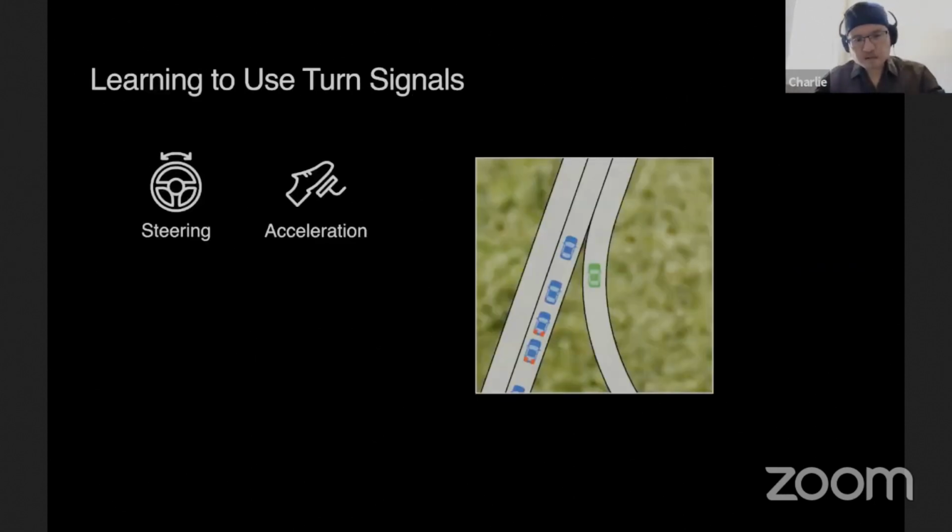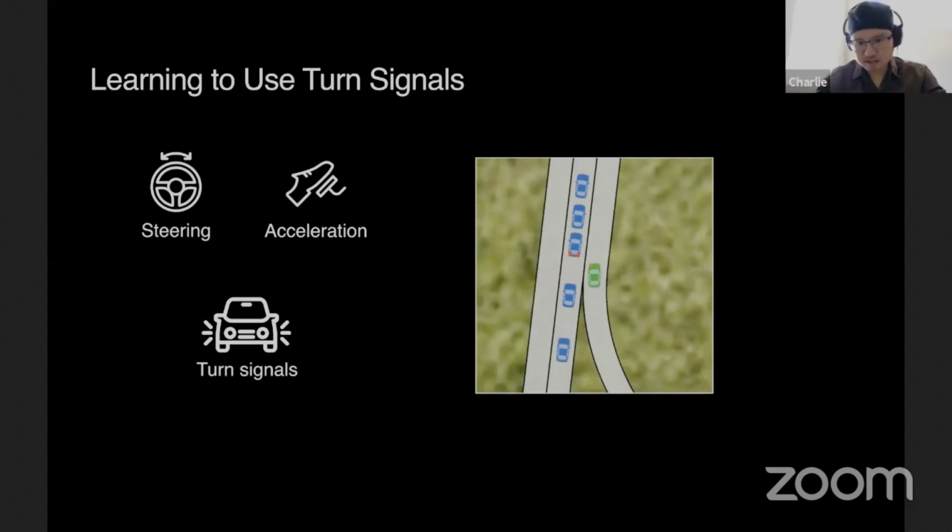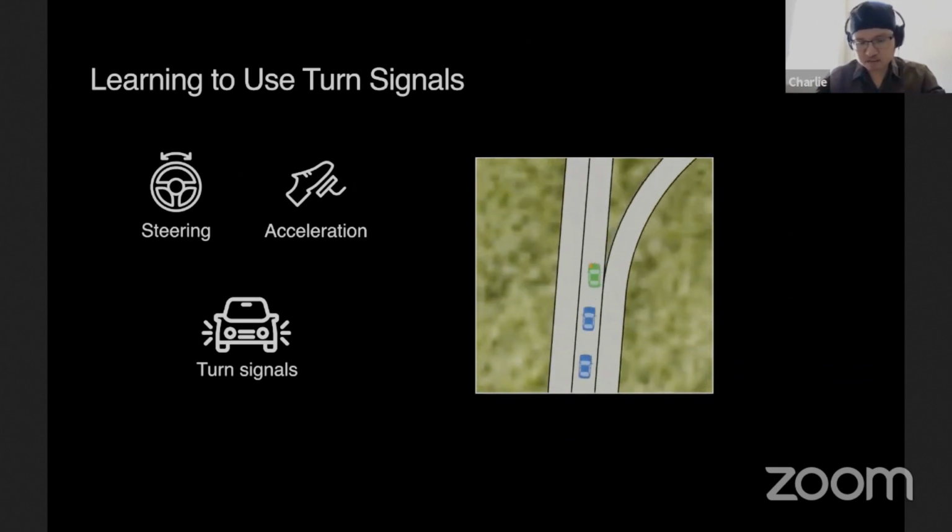One of the interesting things we observe after training is that the policies automatically learn to use turn signals to open a gap. In this merge case, you have lots of cars, the blue cars, and there really isn't a gap to safely merge into.